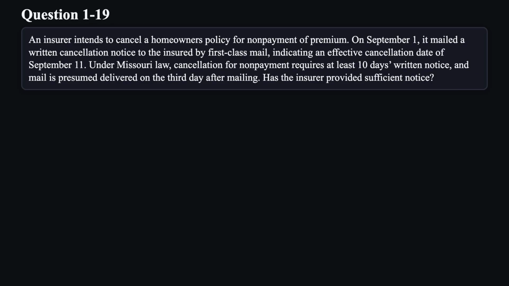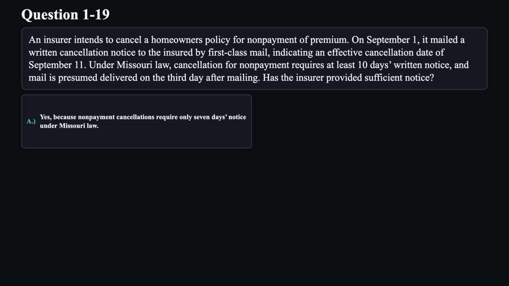Question 19. An insurer intends to cancel a homeowner's policy for non-payment of premium. On September 1st, it mailed a written cancellation notice to the insured by first-class mail, indicating an effective cancellation date of September 11th. Under Missouri law, cancellation for non-payment requires at least 10 days written notice, and mail is presumed delivered on the third day after mailing. Has the insurer provided sufficient notice?